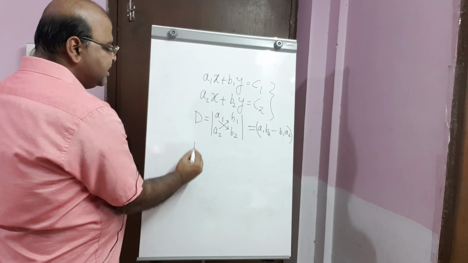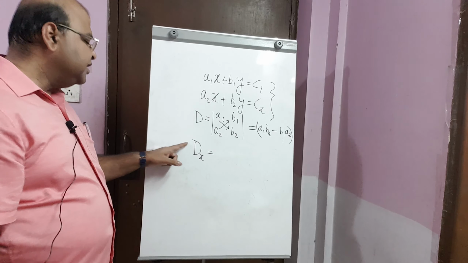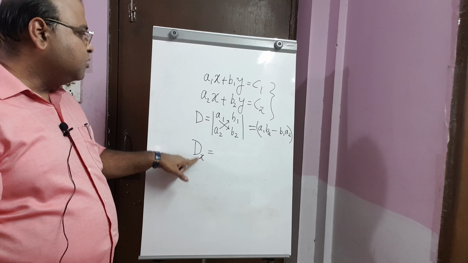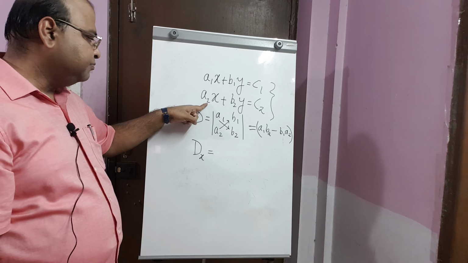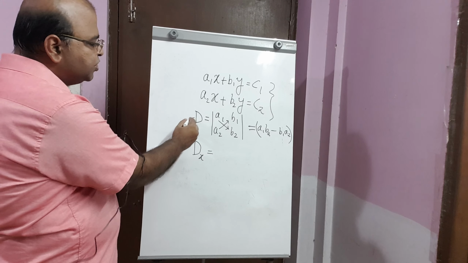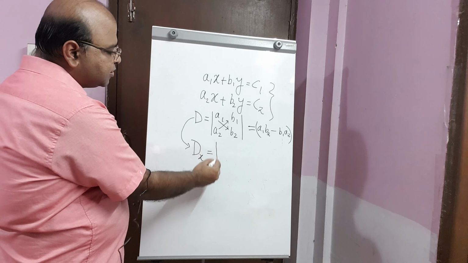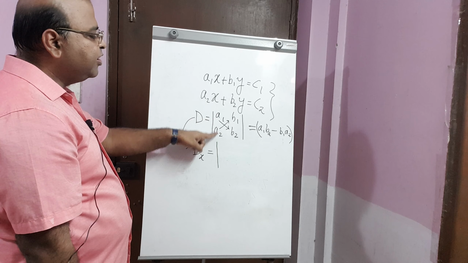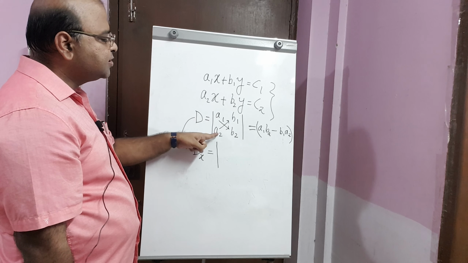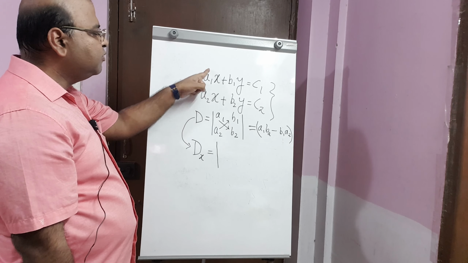Then we have to form Dx. The next determinant we shall call D suffix x. As the variable x occurs in the first column of the system, how to form Dx? Dx is formed from the coefficient determinant D itself by replacing the first column of D, that is a1, a2, by the constant column c1, c2. Why are we replacing the first column? Because the corresponding variable x occurs in the first column of the system.